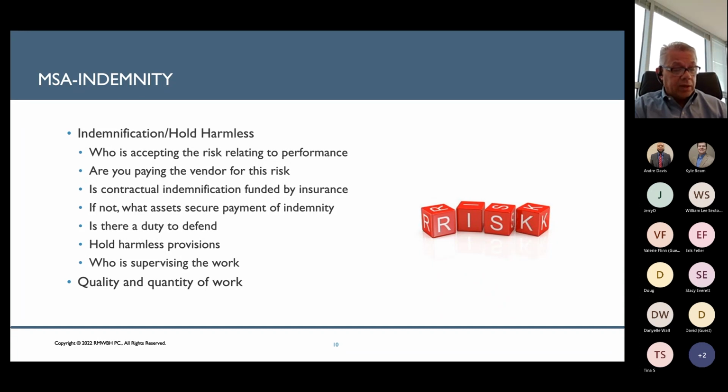So indemnification comes into play, where in the contract you say, if the association is sued as a result of anything you do, you have to pay for it. You have to pay for our defense. And that needs to be very clear, very specific.